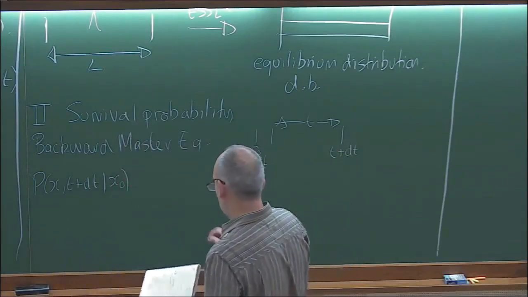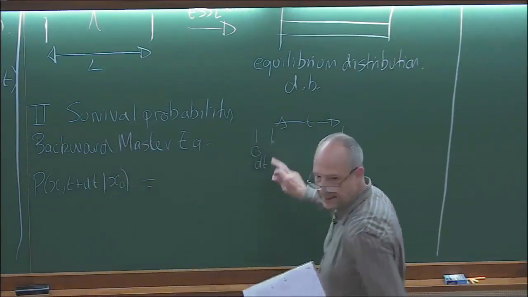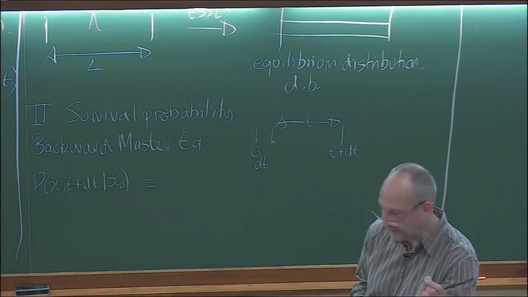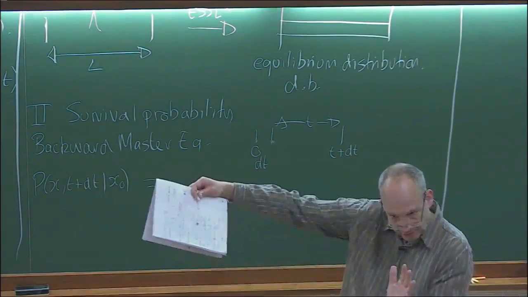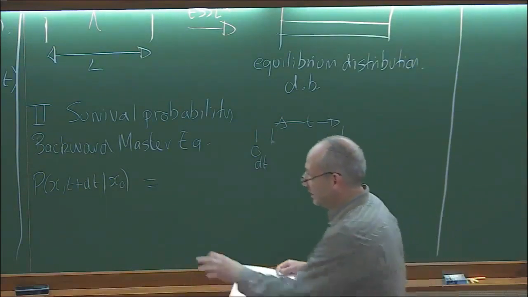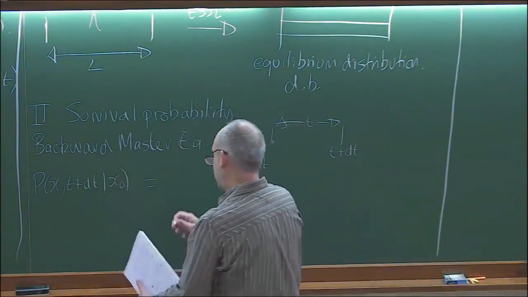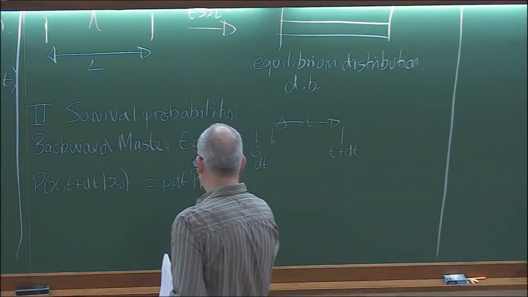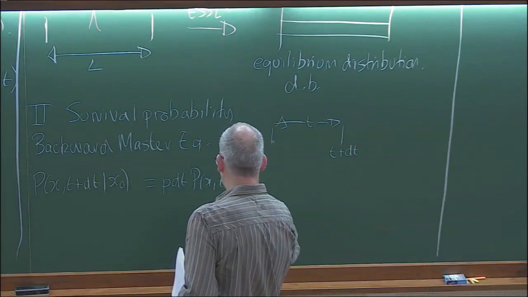Well, in the first dt, the particle could have moved to the right, and then x naught for the rest of the time would become x naught plus 1. So p dt, I get p of x, t, x naught plus 1.